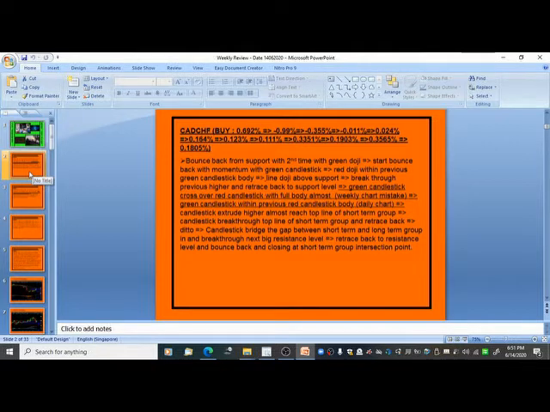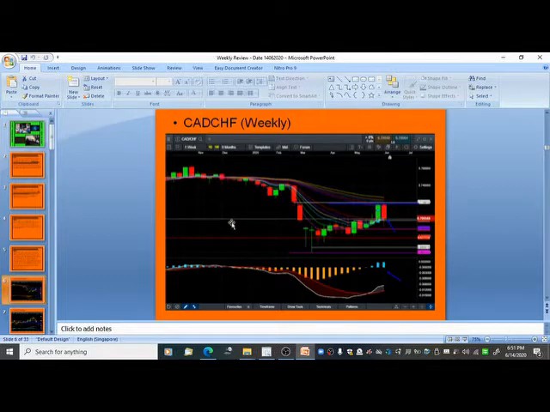Alright, let's have a look at the weekly CAD CHF chart. This candlestick has retraced back to the resistance level, and after that bounced back again.